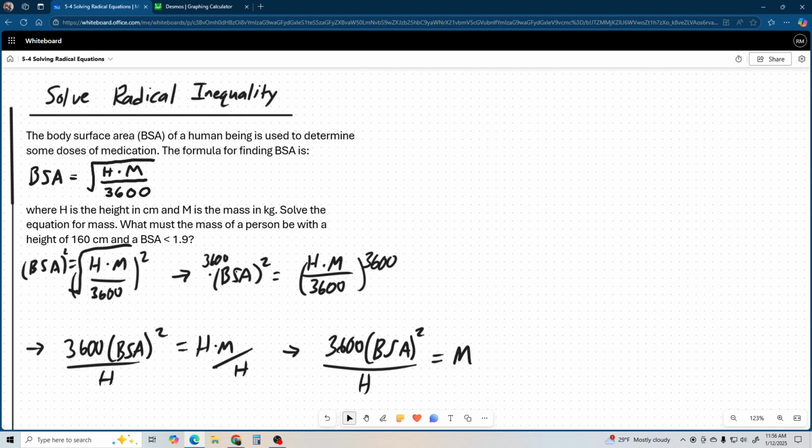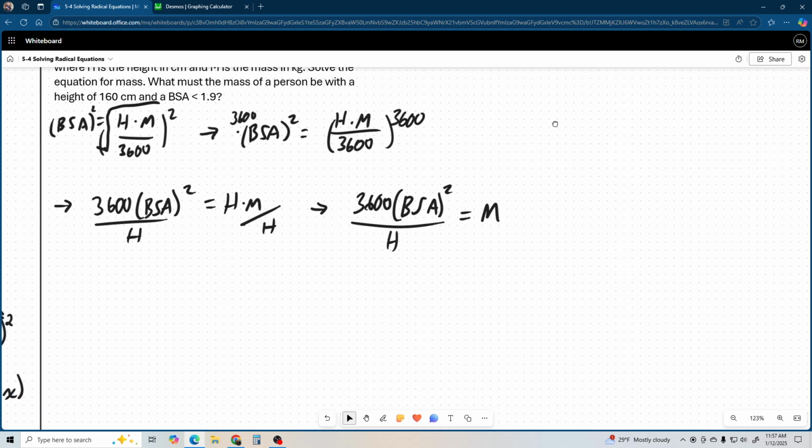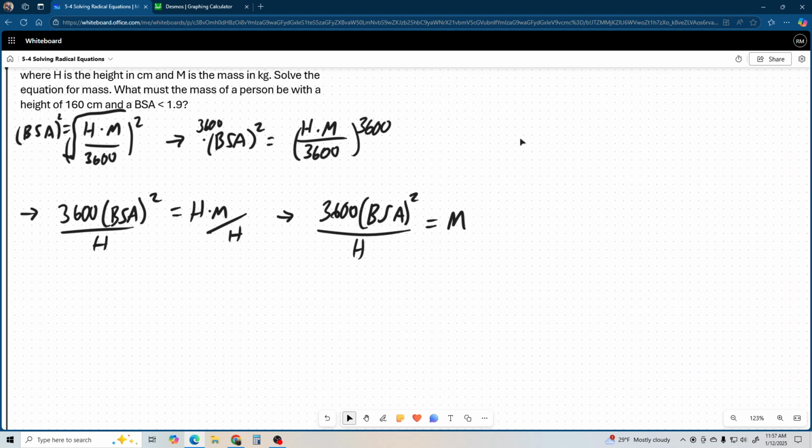So we have 3,600 times our BSA, which is 1.9, squared, over our height, which we determined to be 160.